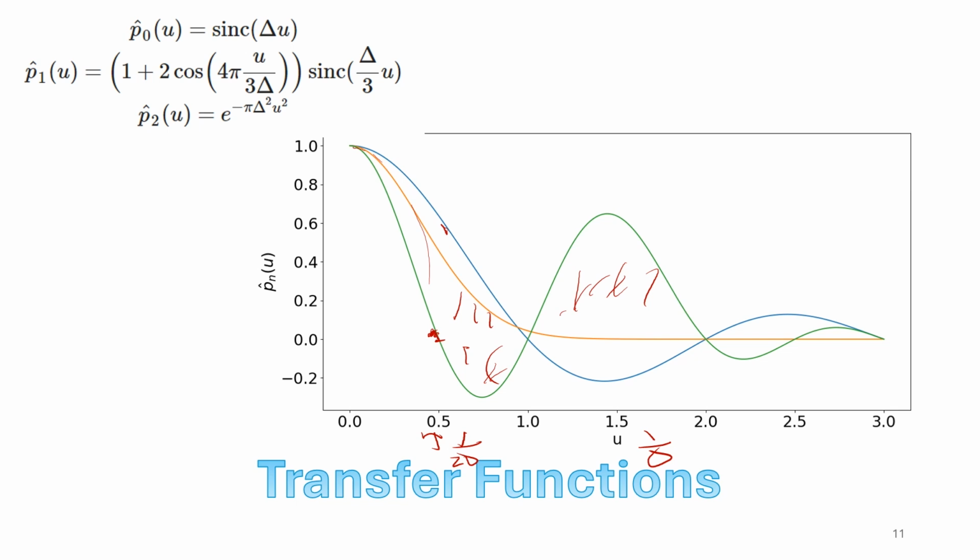So the point of this slide really is just to show that there's a lot of potential for designing the bandpass and the impact on the signal by designing the pixel sampling function. You could, if you wanted, make the pixel sampling function equal to a sinc, in which case the bandpass would be flat and then go to 0 right at Nyquist.